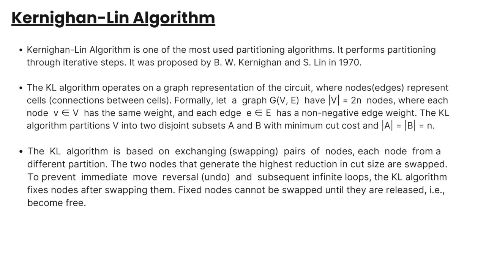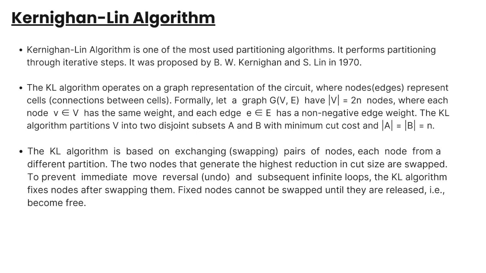Let us say we have a graph G(V, E). Here, V is the set of vertices having cardinality 2n, and E is the set of edges, and each edge has a non-negative edge weight. The KL algorithm partitions V into two disjoint subsets A and B with minimum cut cost, such that the number of elements in set A equals the number of elements in set B equals n.